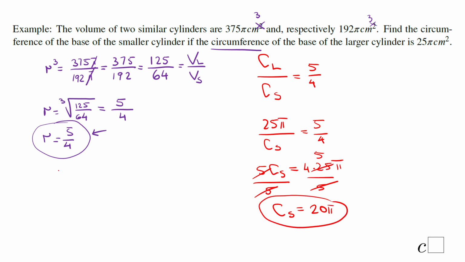So that is the lesson that covers what we call r, r squared, r cubed. You know one of them, you can find the other two, and you can use these ratios to solve and find volume, surface area, circumferences you see here.